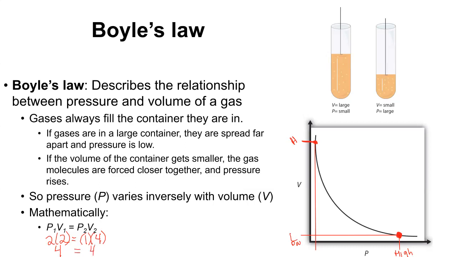So mathematically speaking, you can see that if the volume goes up, the pressure has to go down. And if the volume goes down, the pressure would go up. Okay, so this is going to be the basis in which we understand what exactly is going on in the lungs. So let's talk about that.